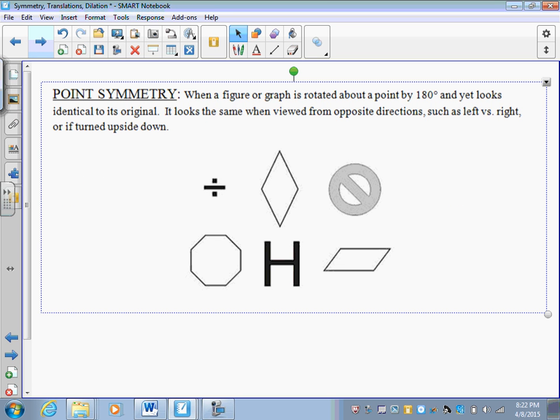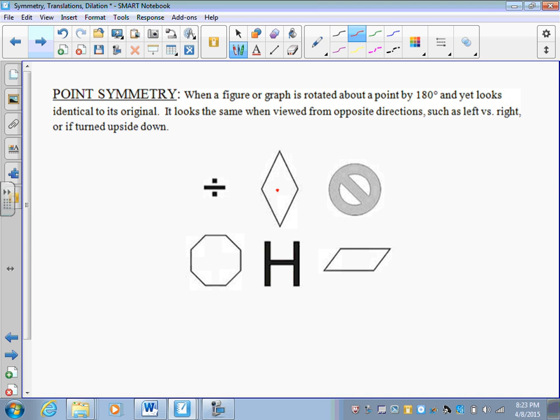Now, point symmetry: when a figure or graph is rotated about a point by exactly 180 degrees, and it is identical when you rotate it. So for example, if I took any of these shapes and rotated 180 degrees, they are going to be the same picture.